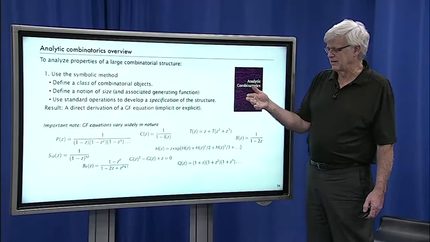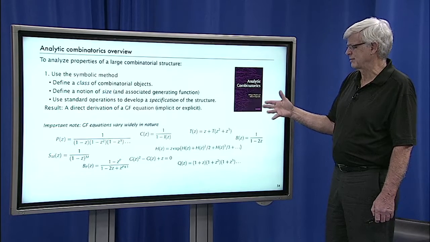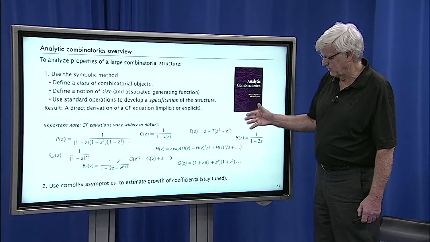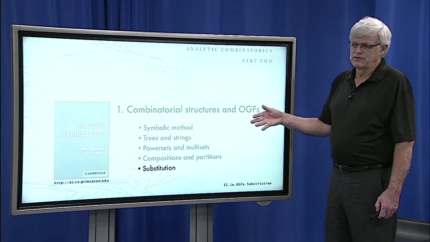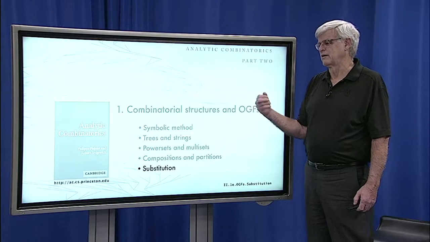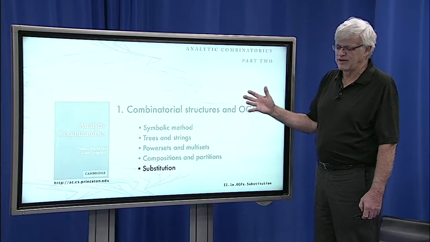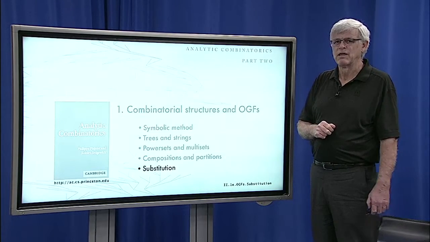So it's necessarily going to be a challenge to get coefficient asymptotics out of all these types of equations. That's for part 2 of the course. So that's just a look at another construction within the symbolic method, and a comment on the various types of generating functions that we might derive.